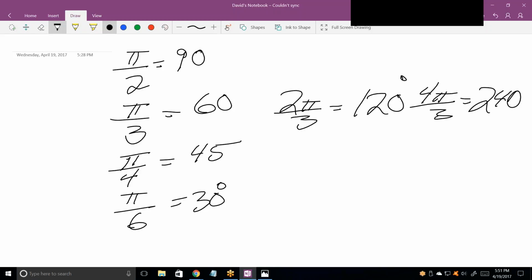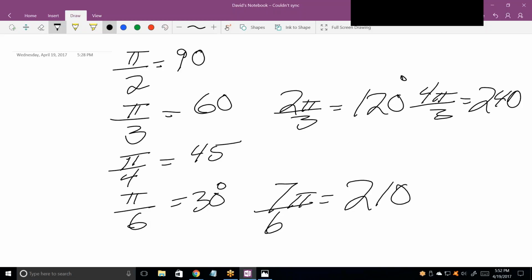If pi over 6 is 30 degrees, the bottom one, what's 7 pi over 6? 210. See how easy this method is?